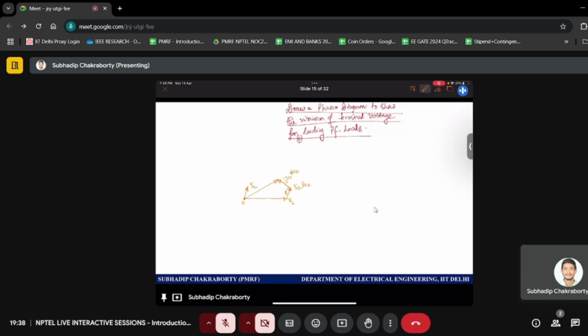And this will give you the value of E2. Just generally seeing, you can understand that V2 is greater than E2 and implies a negative voltage regulation. That the length of the terminal voltage vector or phasor, you can say, is more. That is a general notion for a leading power factor operation, right? Which is theta 2.